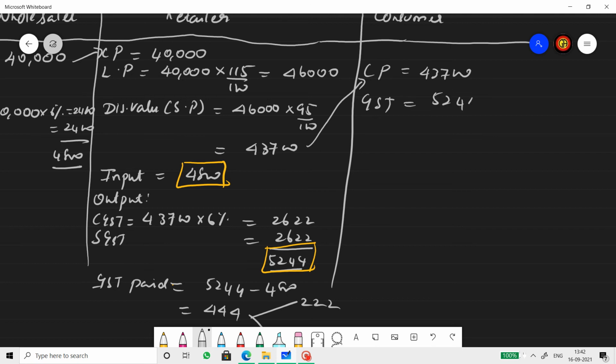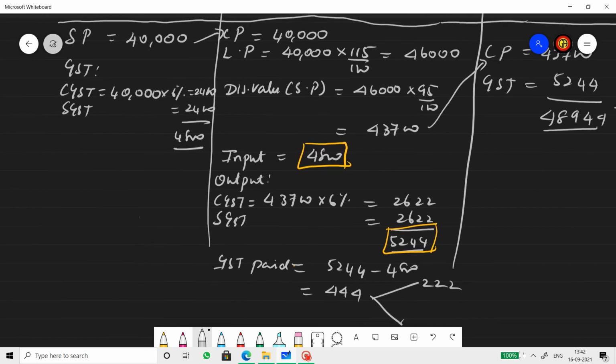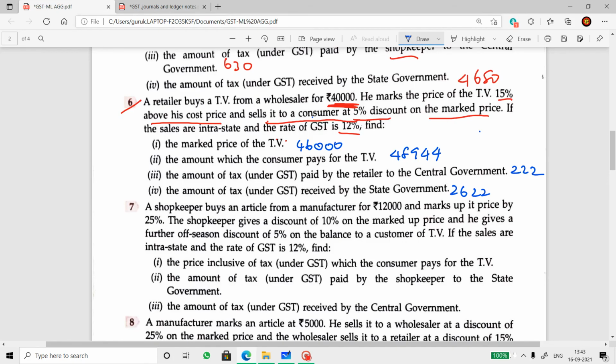So the amount paid by the consumer to obtain this product is 48,944 rupees. So that's all. We are done with the calculation. Now let's start answering the question.